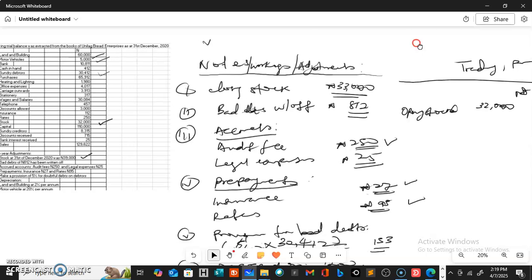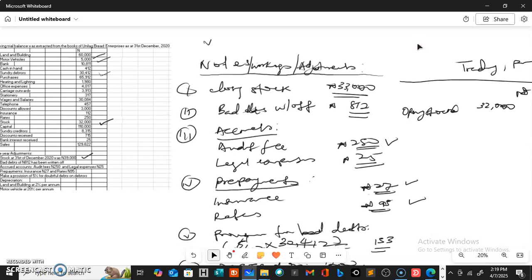We have add purchases. Purchases is how much? That is 65,912. So let's add carriage inwards, that is cost of transportation.